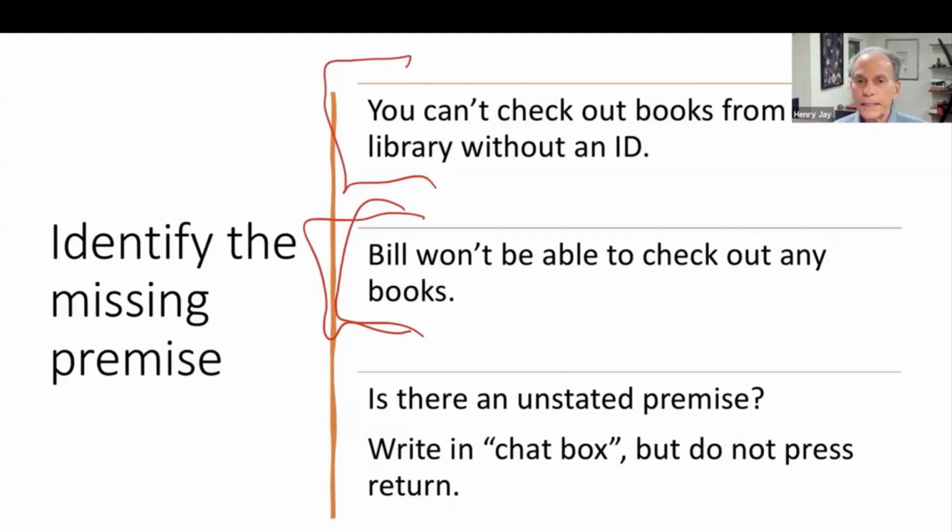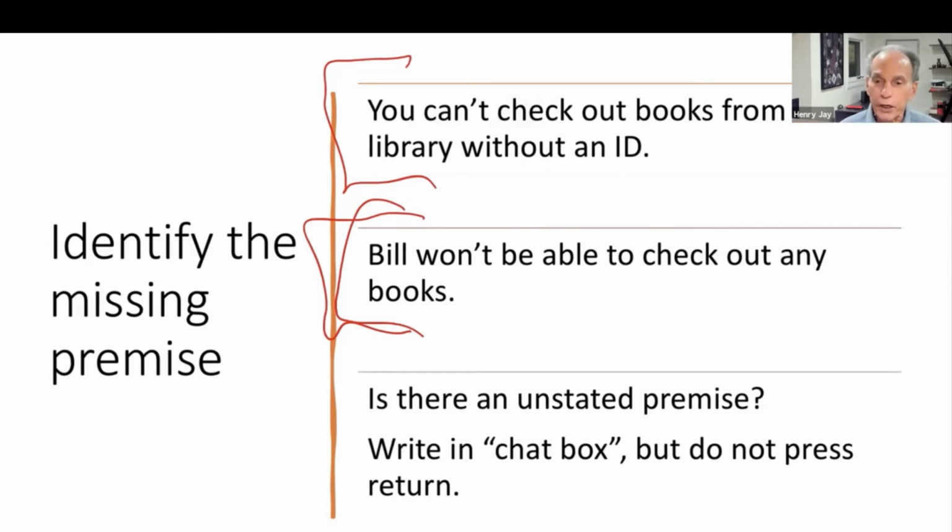Or how could you make that argument stronger by filling in a missing premise? All right, Bill does not have an ID. And anybody else does not have an ID? All right, two. Why Bill? Yeah, why Bill will be able to check out is not clear, because there's a missing premise.